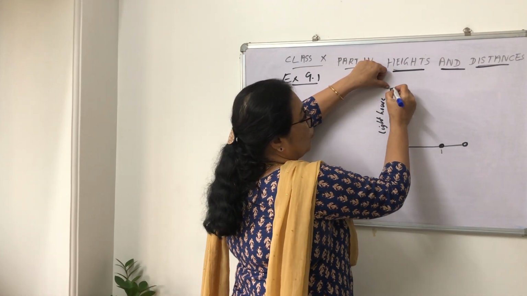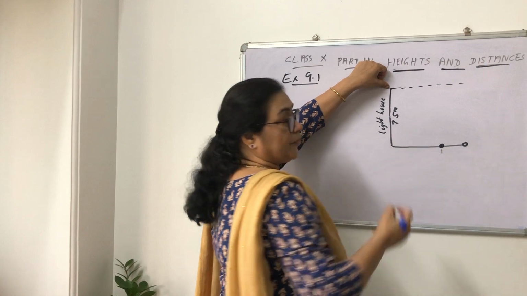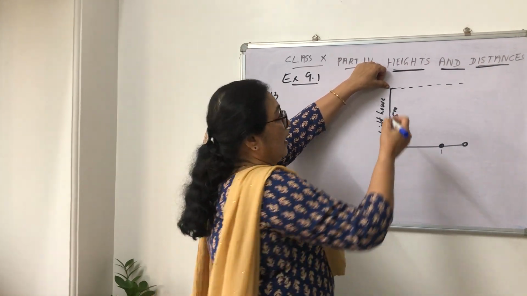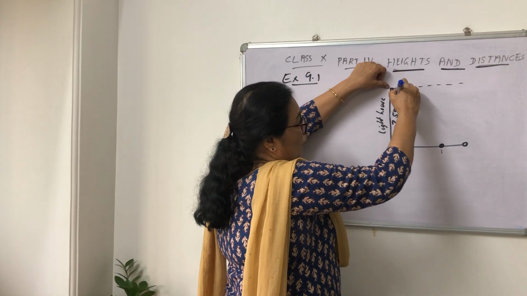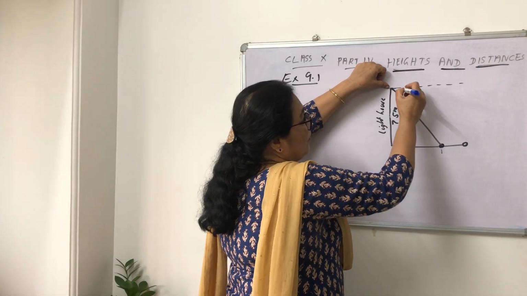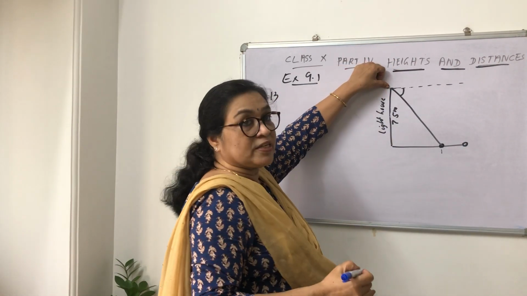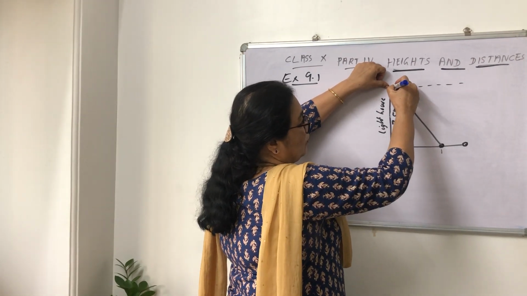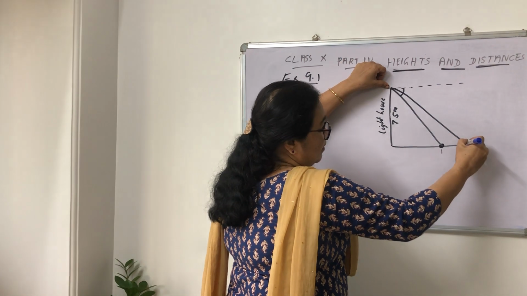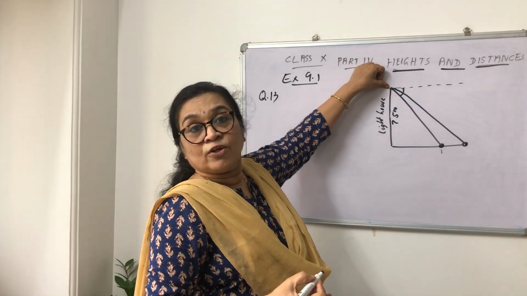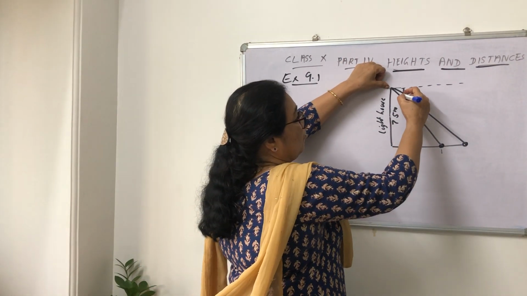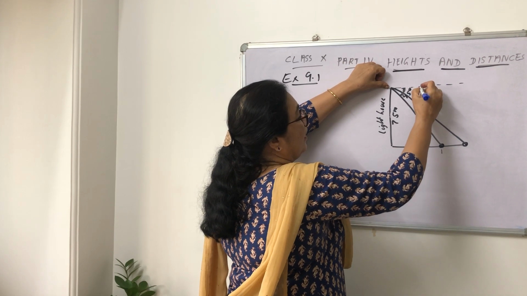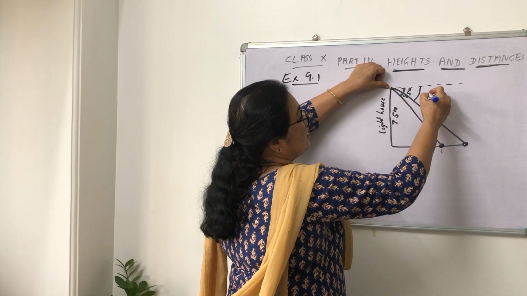So this is the normal line of sight, and from here you are looking down. This is one angle of depression, and from here again you are looking at this ship down. This is another angle of depression. So one angle of depression is 45 degree and this angle of depression is 30 degree.